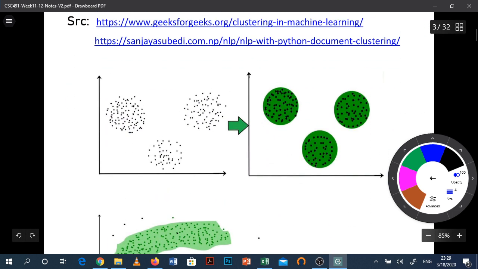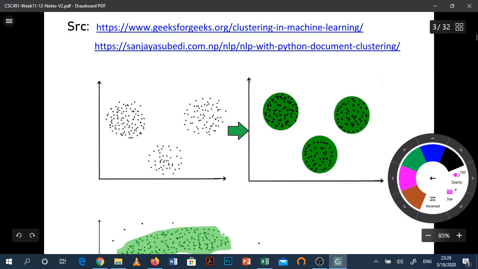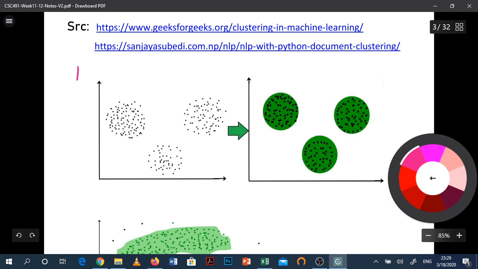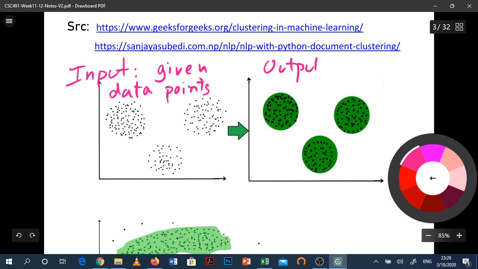First, here is what is given to you: the input, any set of data points. You can see there is no boundary drawn, but after the clustering is done, the output starts to have well-defined boundaries. Sometimes people call this the cluster boundary.